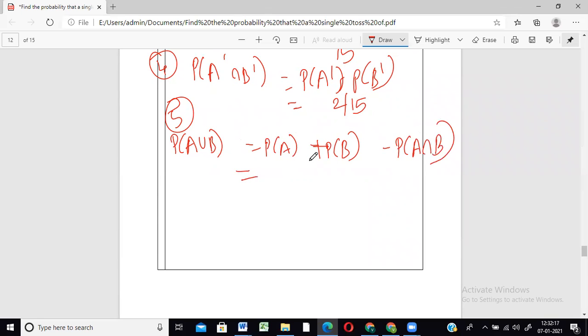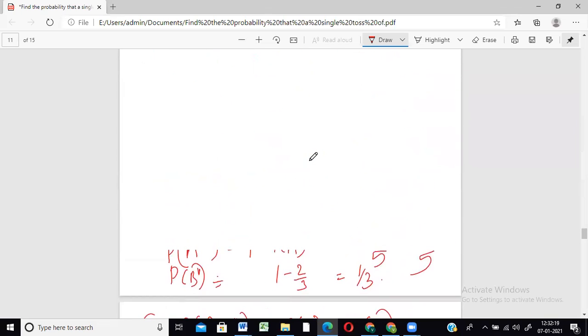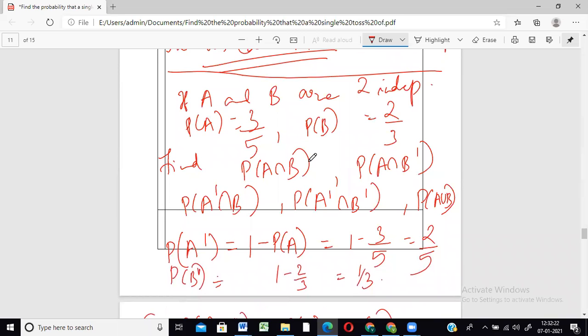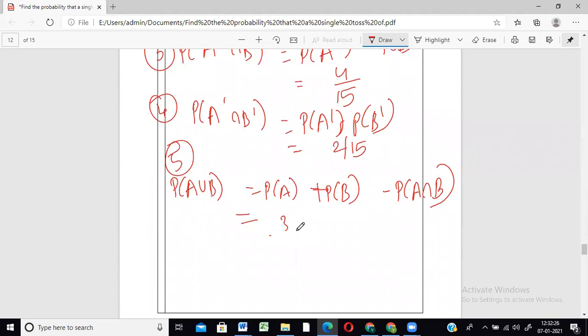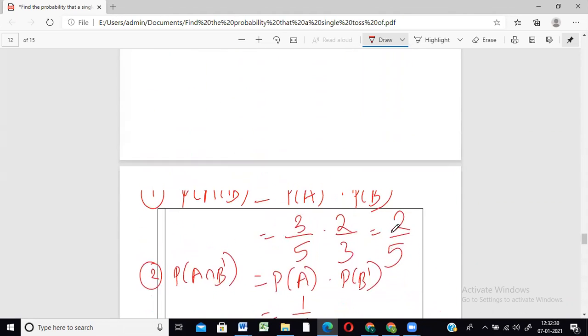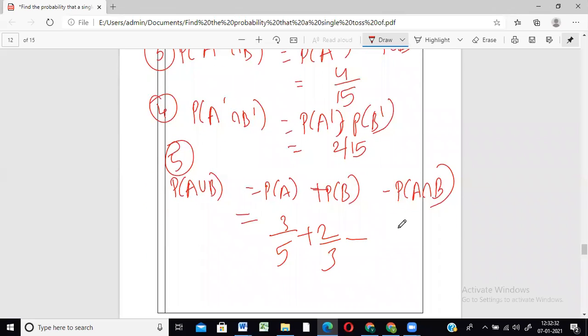Now we have all the values given. A was 3 by 5 plus 2 by 3 minus how much was A intersection B? A intersection B was 2 by 5, right?